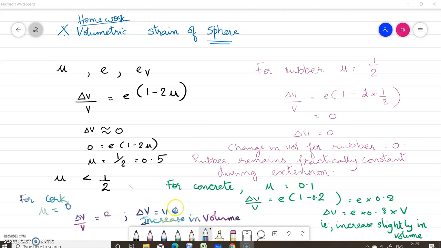In the case of cork, mu is 0, and when you apply a longitudinal pull, there will be increase in the volume in the other directions. That is why the mu for cork is 0, and it is used for closing airtight bottles. Cork is used since, when we are applying a pull, it will not increase in dimension in the other axes.